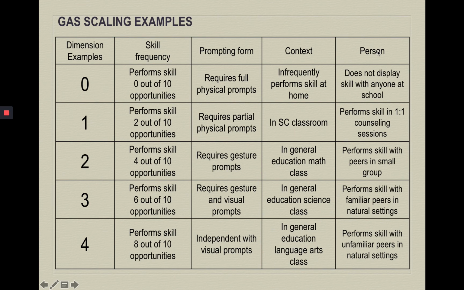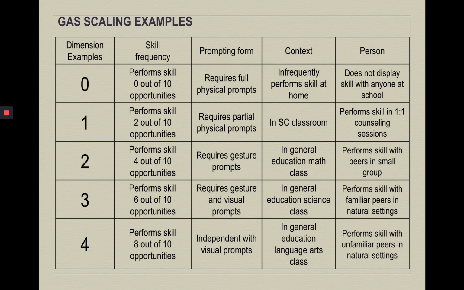You can also scale according to the person involved. So right now, he doesn't do this skill with anybody. But eventually we want him to do it with his familiar peers in the natural setting, so in his classroom. We can work up to that by saying, right now he's not doing it at all, but let's work on it during our one-on-one counseling sessions.